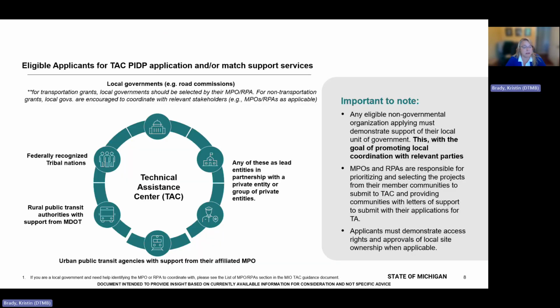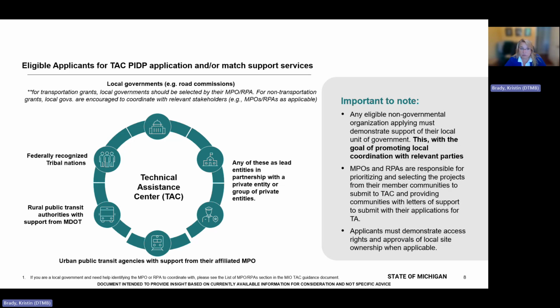Who are eligible applicants to request our technical assistance for the PIDP application support? Right here: local governments, federally recognized tribal nations within Michigan, rural public transit and urban public transit with support from either MDOT or their affiliated municipal planning organization.